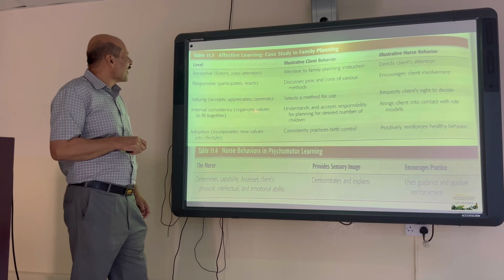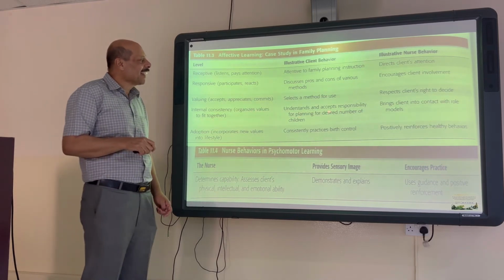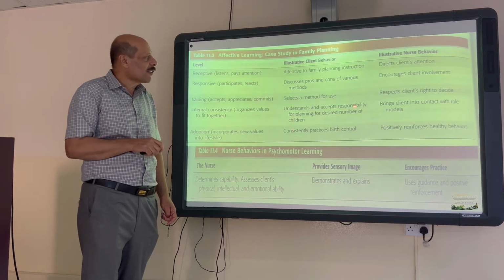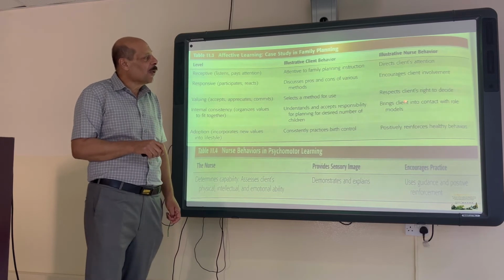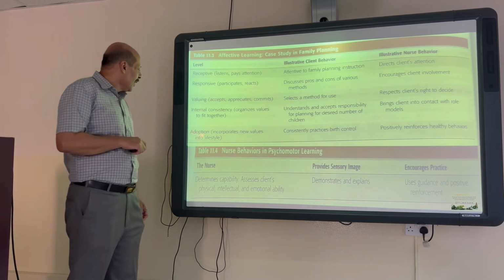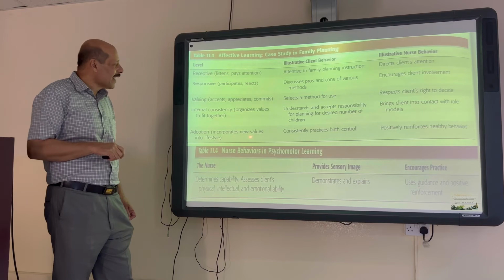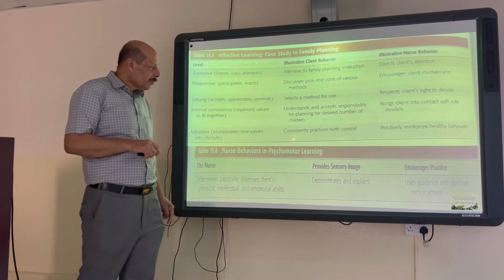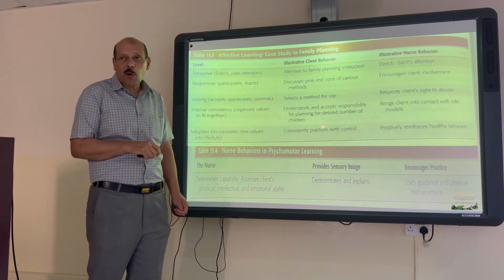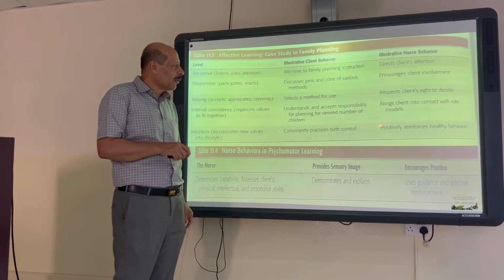Internal consistency, or organize the values and fit them together, which is to understand and accept responsibility for planning the desired number of children, bringing the client into contact with role models here, adoption, and incorporating a new value of lifestyle here, consistency, practicing the birth control method if they are using one.